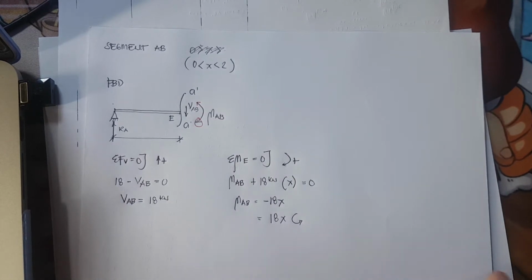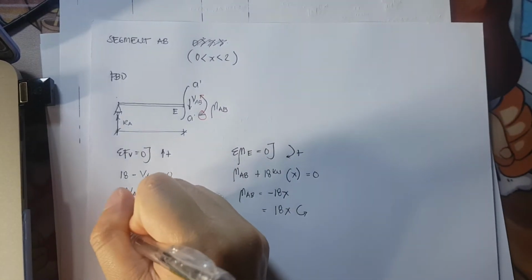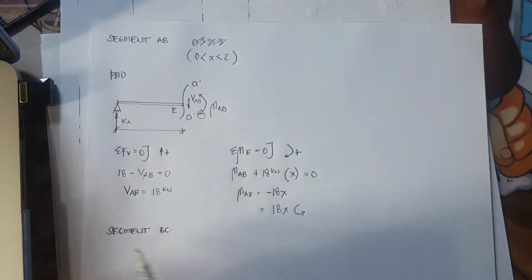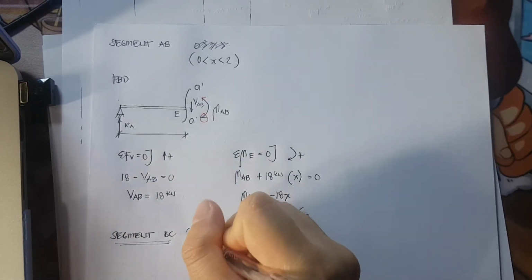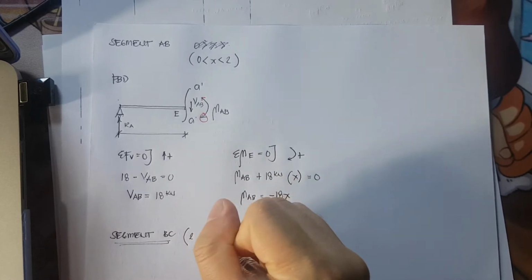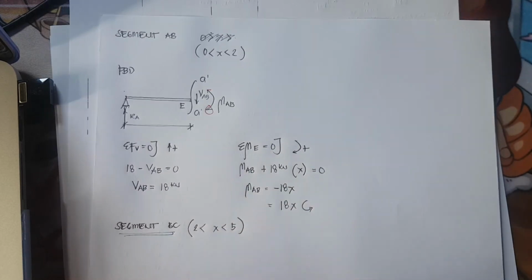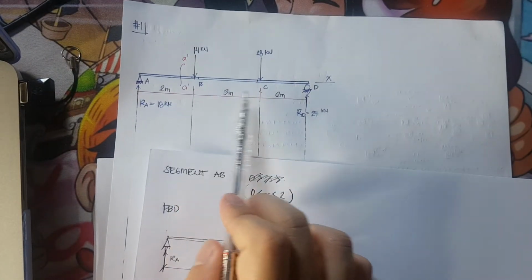Next, I'm going to consider segment BC, so that is from 2 to 5.